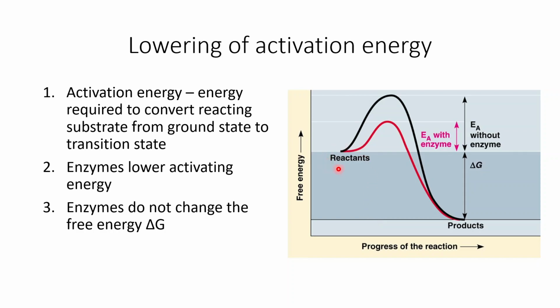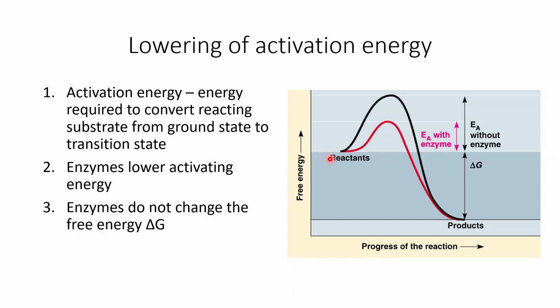For the reactants to be converted to products, they first need to achieve a transition state. This is the threshold that they need to cross. It is an intermediate state, and once the reactants reach this transition state, they convert into product, and the process becomes more or less automatic.